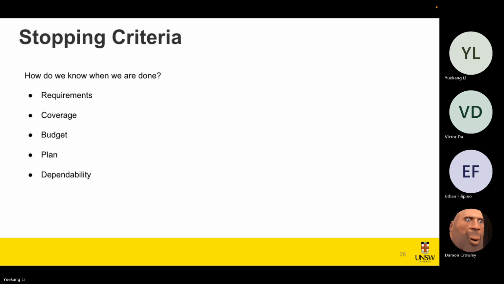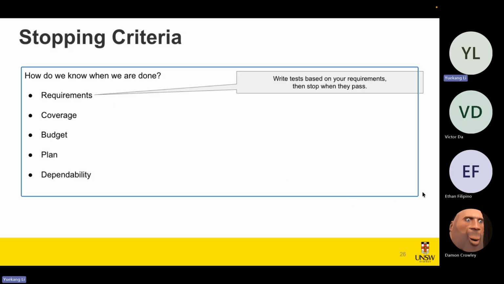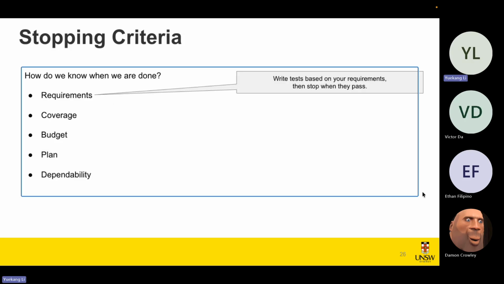And you can think of this problem from different aspects. You can see all these aspects are actually related to software, right? If we think from the requirements aspect, we can write the tests based on the requirements and stop when all the tests pass.